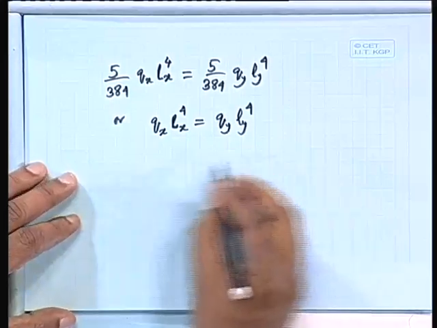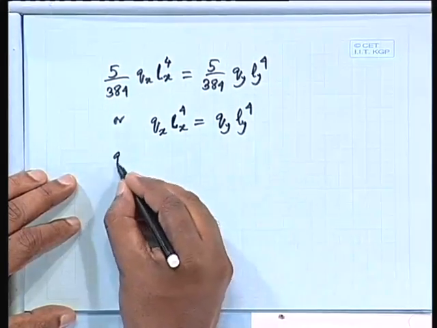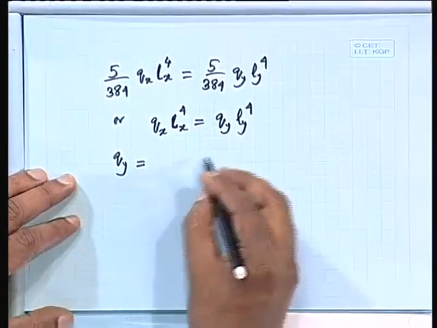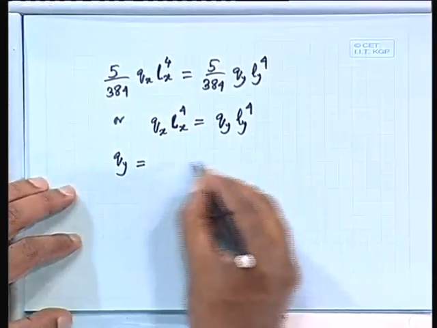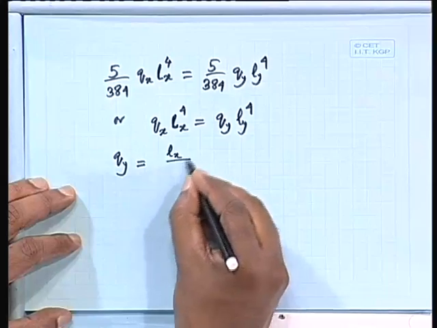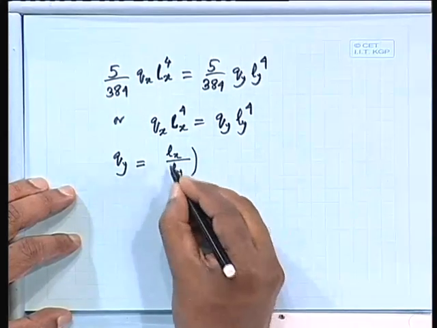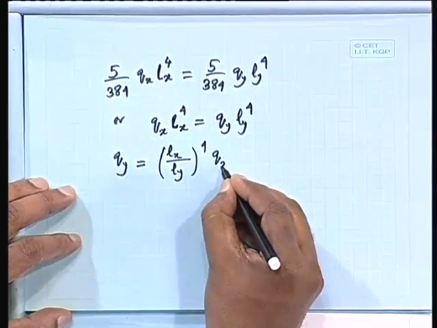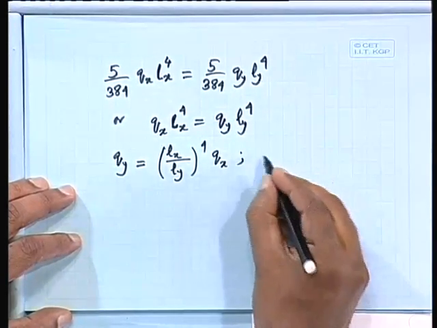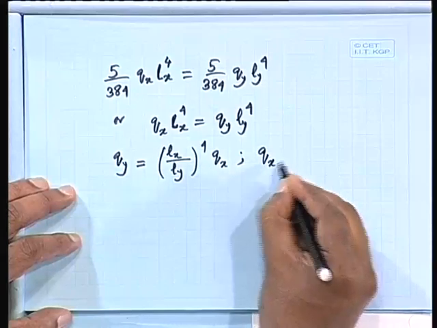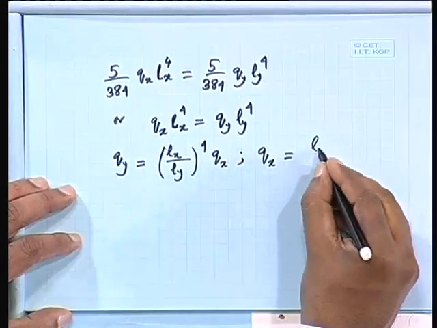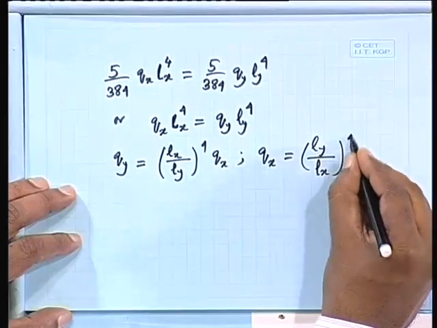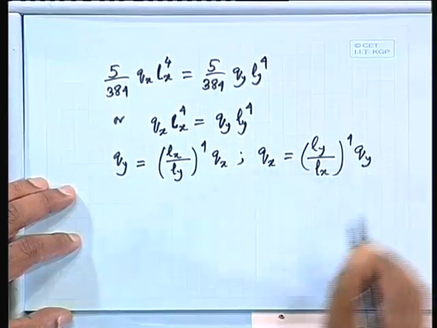So, in two ways we can write that Qy equals Lx by Ly to the power 4 times Qx, and the other one, Qx equals Ly by Lx to the power 4 times Qy.